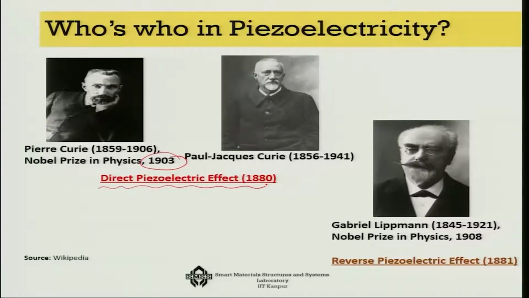After a few years, Lippmann, very interestingly, studied the same problem, and he proved theoretically that if pressure can be the cause of generating electricity, then electricity can also create deformation or pressure in a crystal. That is, the reverse is also possible. This brought him another Nobel Prize in 1908. So that is known as the reverse piezoelectric effect.